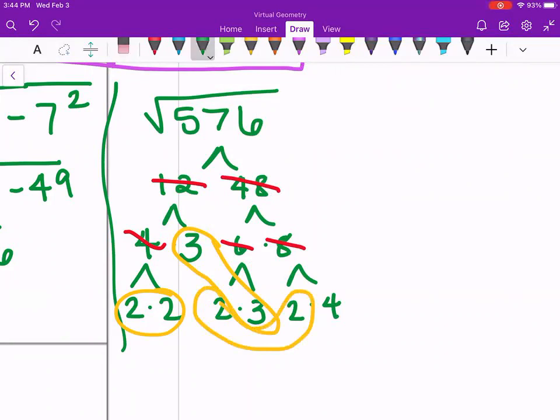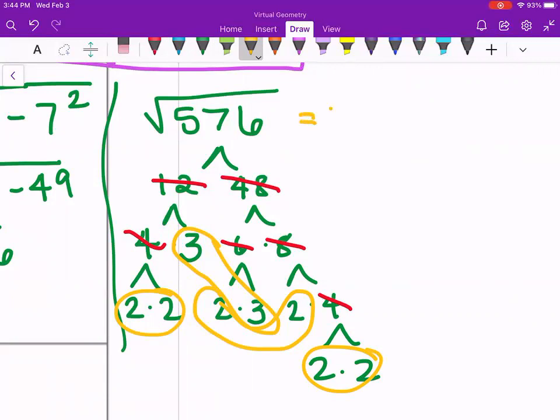And now 4 can go farther. 2 times 2. Another pair. We've got lots of pairs going on here, and nothing at the end of these branches is left over, which means 576 is a perfect square.